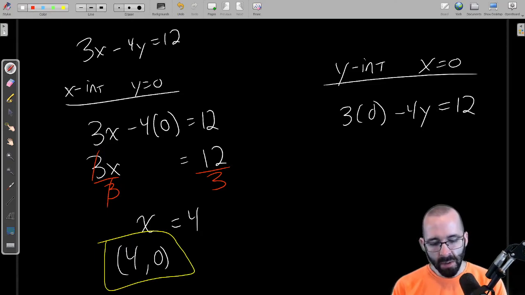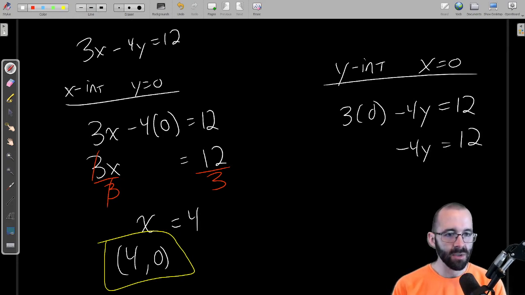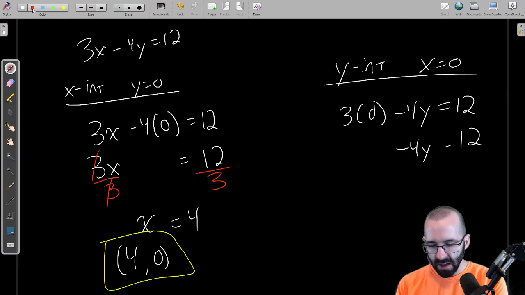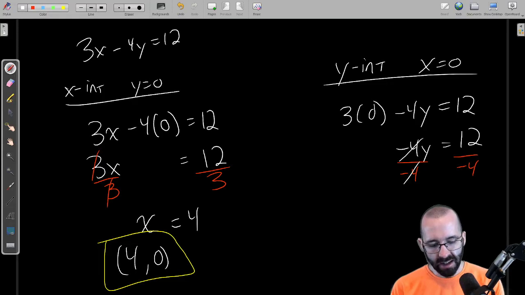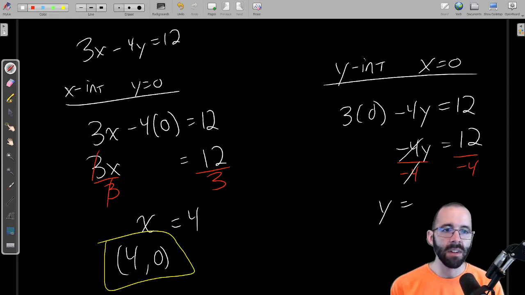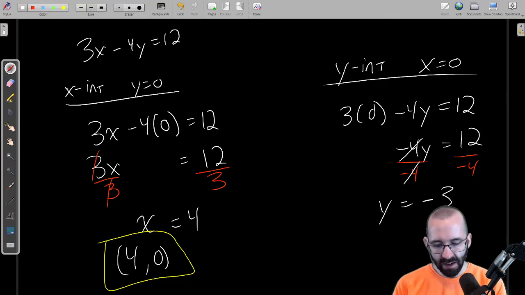So we get 0 minus 4y. Be very careful. The minus stays with the 4. And divide both sides by negative 4. On the left side, they cancel out, and we're just left with y equals 12 divided by negative 4. A positive and a negative, multiplied or divided, makes a negative. We get negative 3. So the y-intercept is the point 0, negative 3.